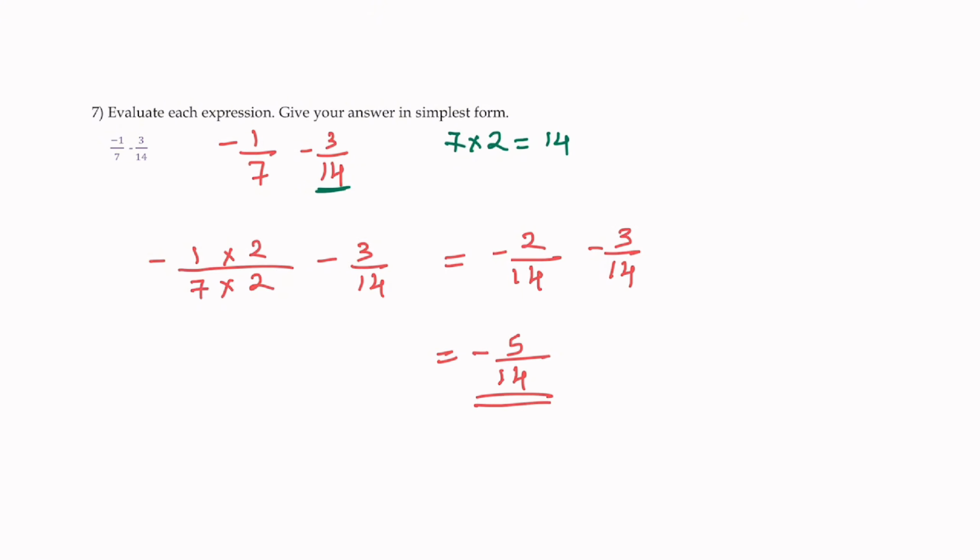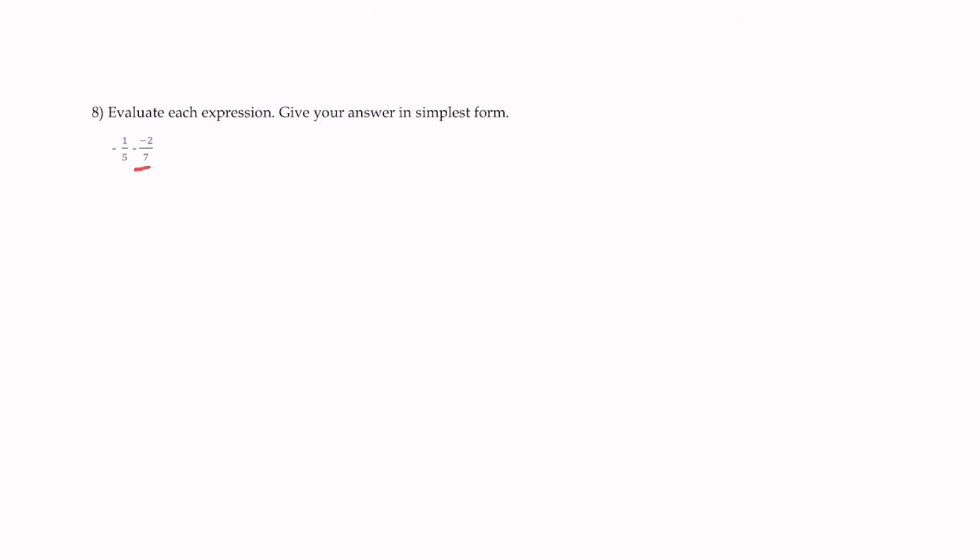And it's done. Let's first solve this. So minus 1 by 5 plus 2 over 7. No common factors. So this becomes 35.